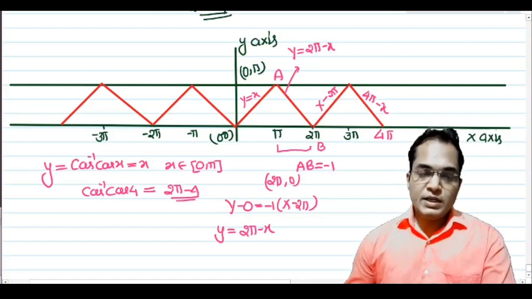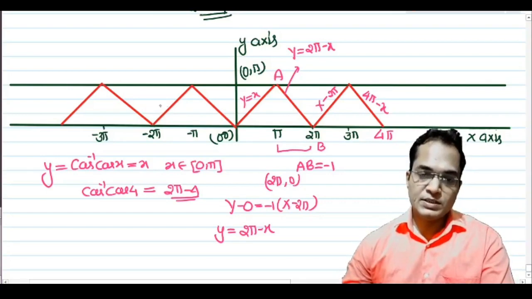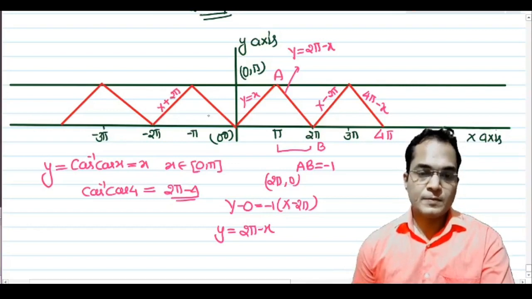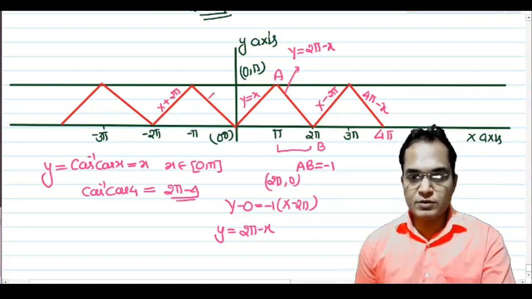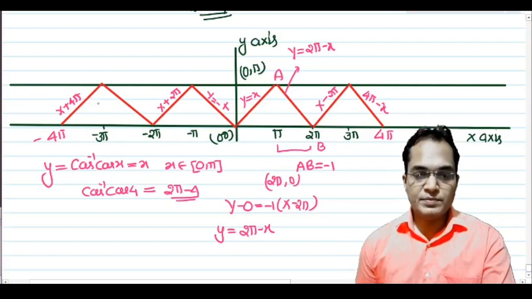In a similar process, the equation of this line, with a positive slope, is y equals x plus 2 pi, and for this line it is y equals minus x, and similarly for this line, with 4 pi, the equation of the line is y equals x plus 4 pi, and this line will be y equals minus x minus 2 pi.